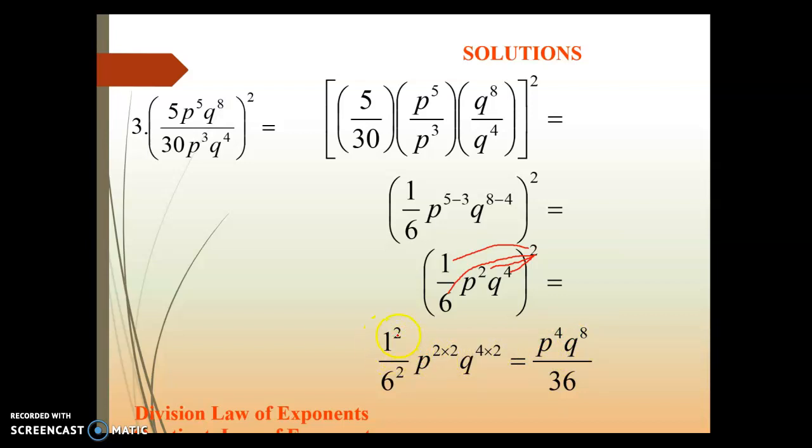If you multiply the numerator, the p and q will be written in the numerator now. And why did you not write the 1 squared? If it's 1, you may not write 1 anymore. It's an invisible 1. And 6 squared is 36. That's the answer. But you can also do the other method. What do I mean? Let's erase this first.